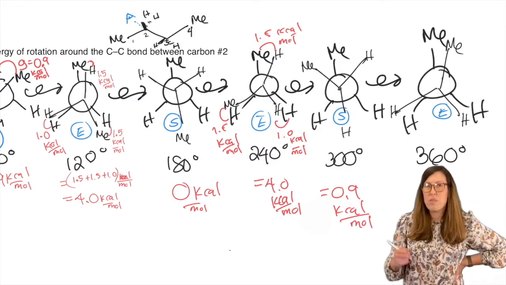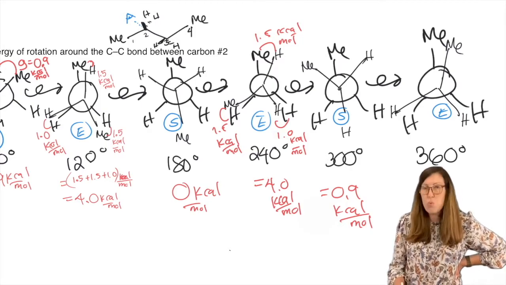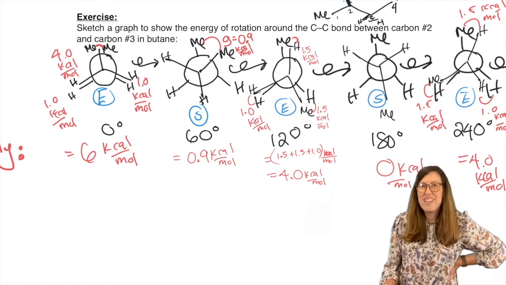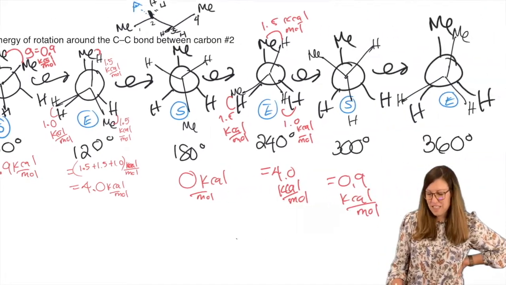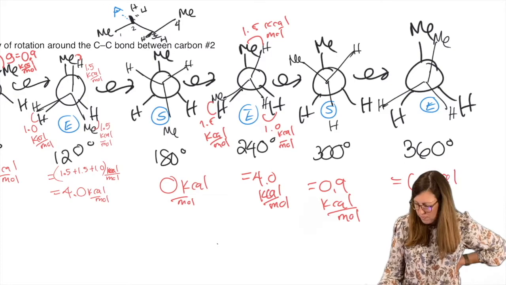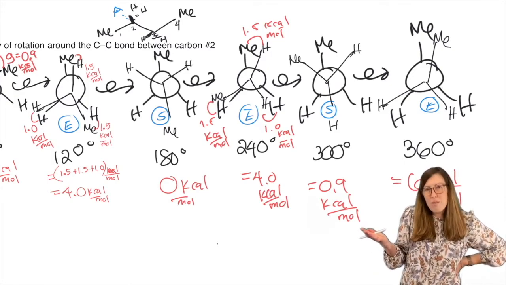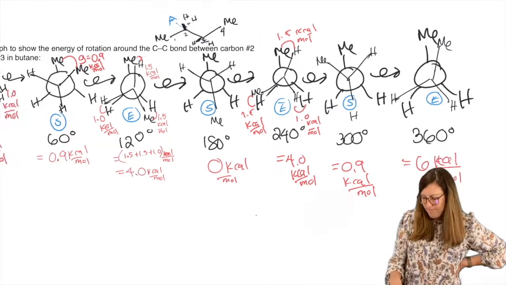Okay, so since we know 360 is the same as 0, everything eclipsed in the worst possible way ever is the highest energy value of 6. So we use that again. Okay, that was the hard part. We're ready to plot and connect the dots. Let's go do it.